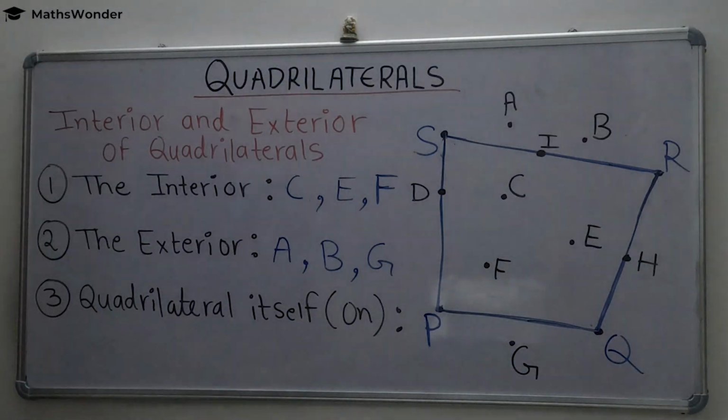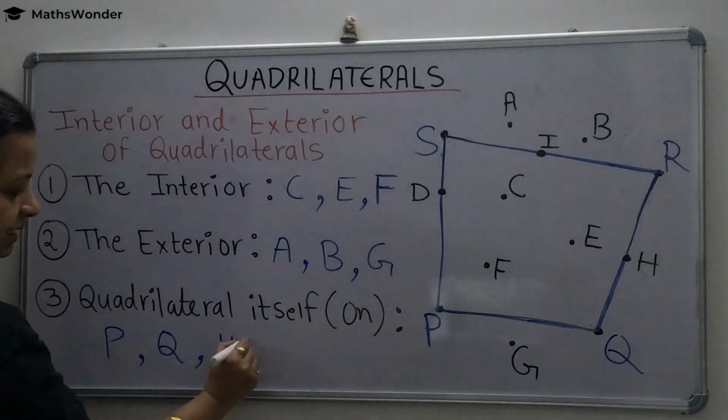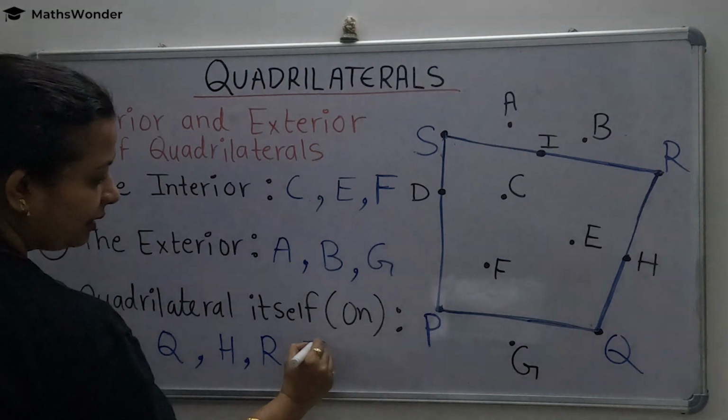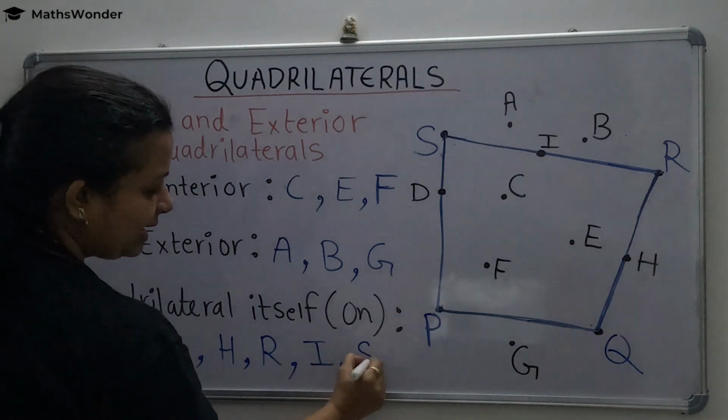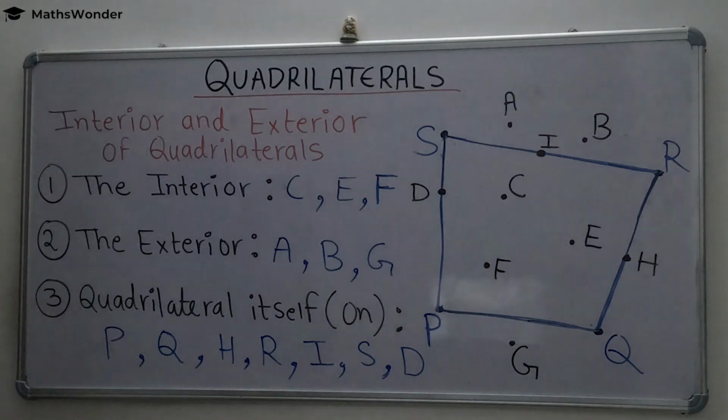So how many points are on the quadrilateral? There is P, Q, R, S, H, D, I, B. Right? So they are on the quadrilateral.